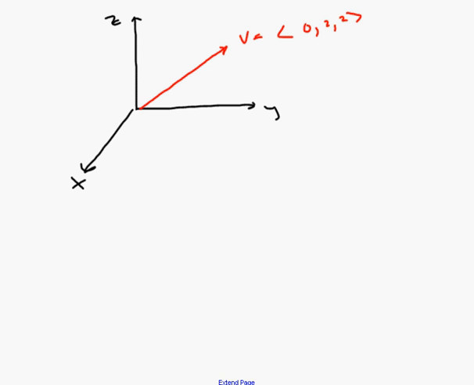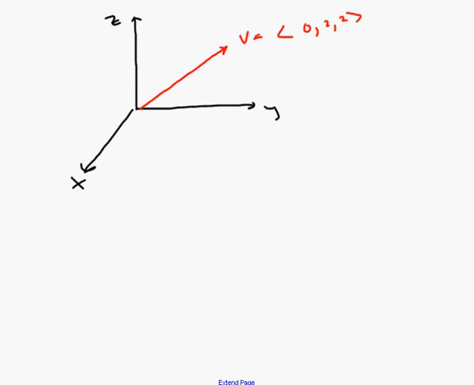Those are its components. This happens to be a position vector because I placed it in such a way that its tail is at the origin. And that means that the head of this vector is pointing to a point in 3-space whose coordinates are the same as the components of the vector. Sounds like a lot to say, but we have to be formal with that language.